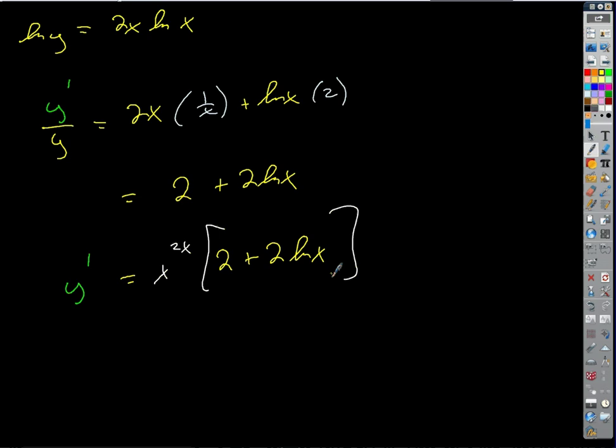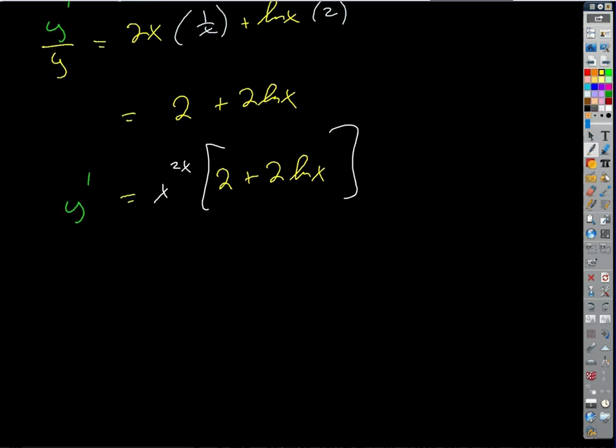I was thinking we're gonna be able to simplify that a little bit, but we can't. Okay, so we probably just wanna write that as 2x to the 2x times 1 plus log x. Okay? Make sense?